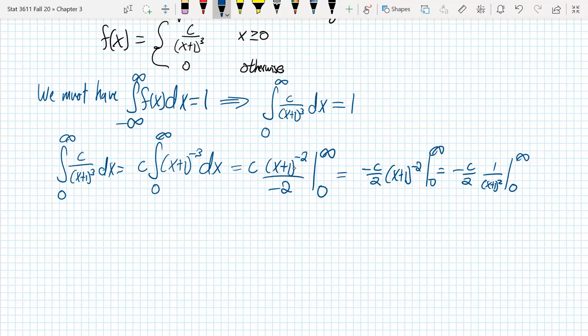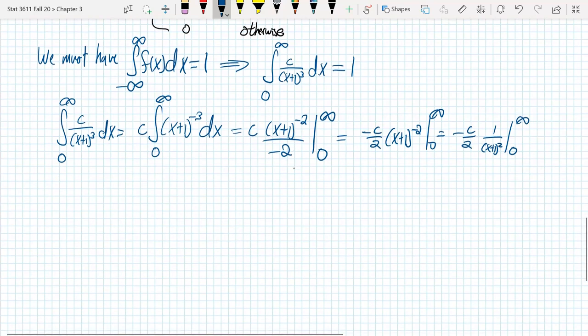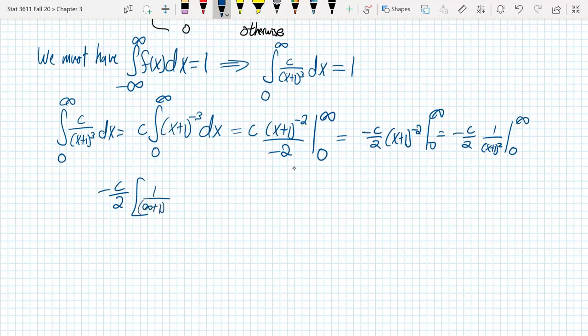But at this stage in your calculus skills, we've hopefully learned that infinity is not an actual number, but in terms of getting the answer here, we're going to wave our hands a little bit and ask, what happens when you plug in infinity here? If I plug in infinity, I'm getting 1 over infinity plus 1, quantity squared, minus the evaluation at 0, which is 1 over 0 plus 1, the quantity squared.